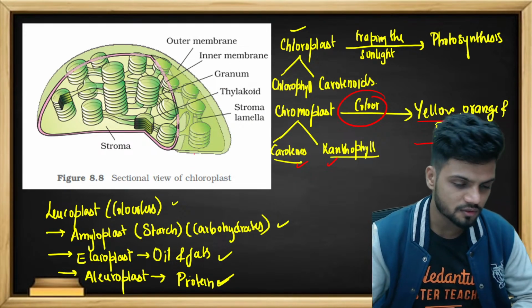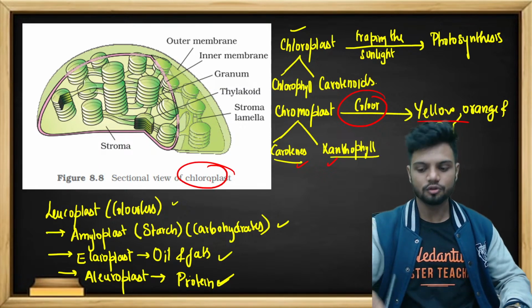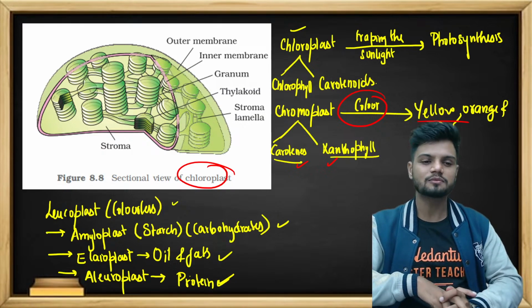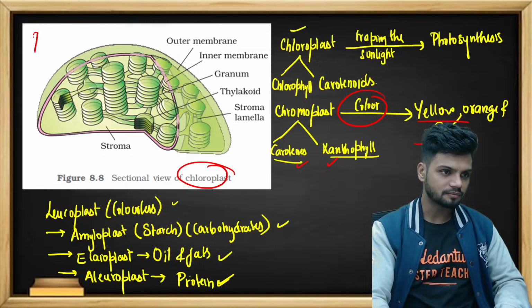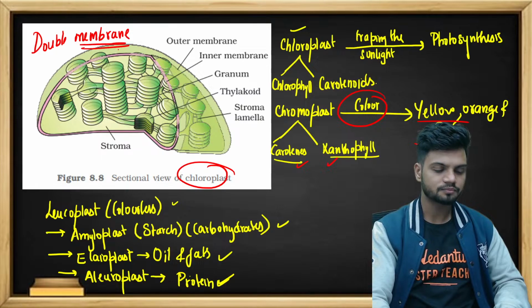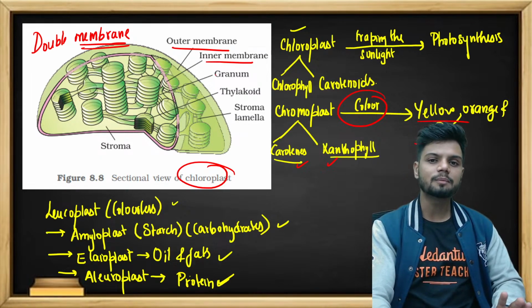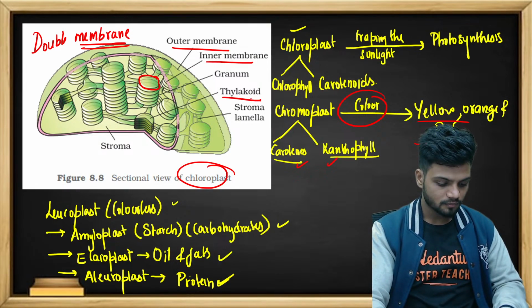Now students, we have the section of chloroplast. We've been studying chloroplast and photosynthesis in higher plants many times. Here, understand, your chloroplast is also double membrane in nature. We have the outer membrane and inner membrane. Each coin here is called a thylakoid.